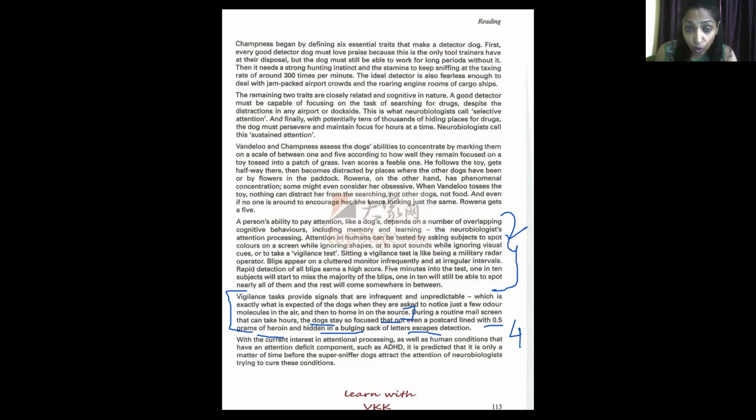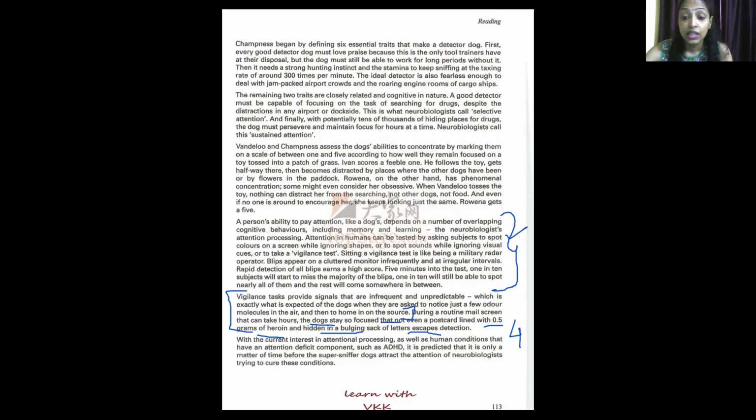Not what you know, not what you have experienced. You have to answer questions based on what you read. And as we read, we don't have any correlation of vigilance test and concentration. Hence, the answer to question number 3 will be not given.